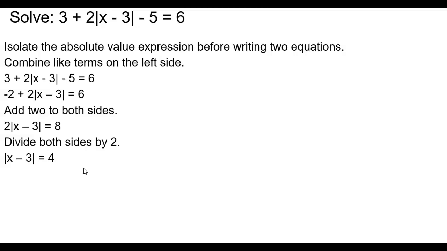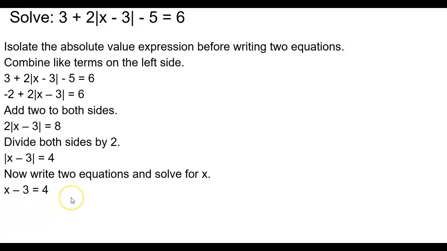Now we have a basic absolute value equation, so we can split that into 2, because we know inside that absolute value bar could be a positive or a negative, and it will still pop out a positive. My first equation is exactly what you see: x minus 3 is 4. I add 3 to both sides, and one of my answers is x equals 7.